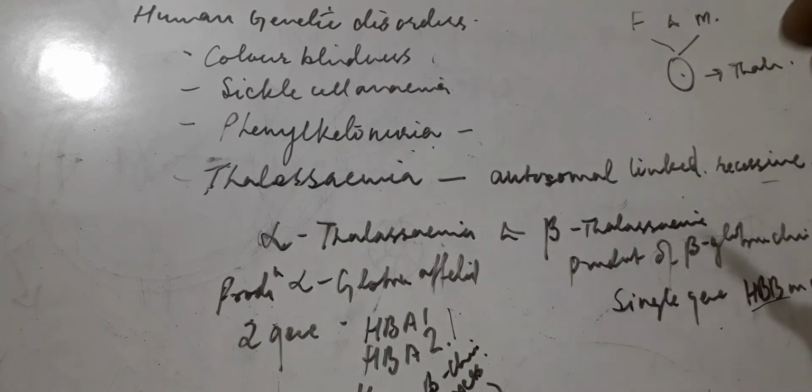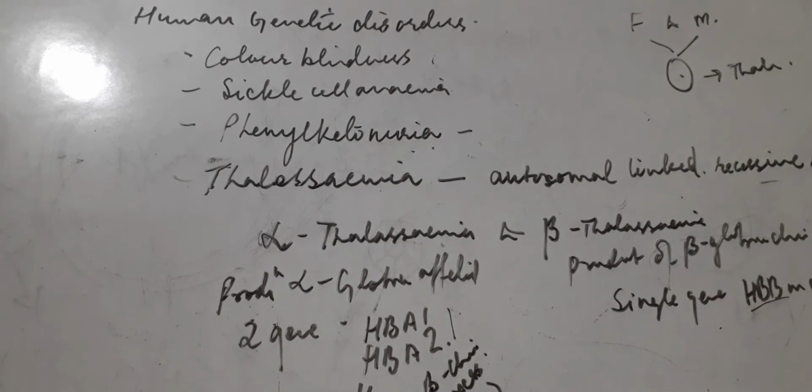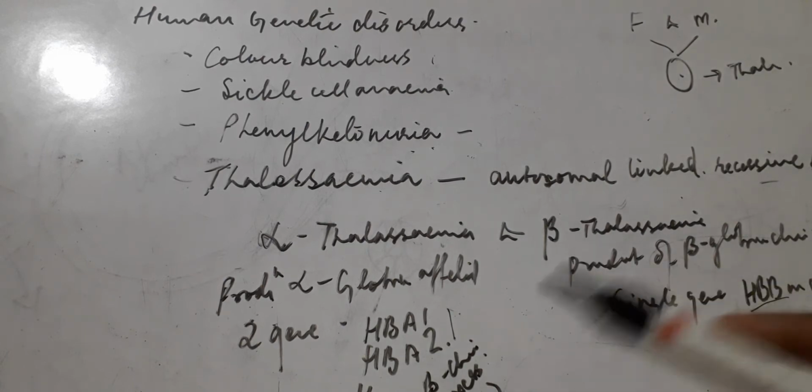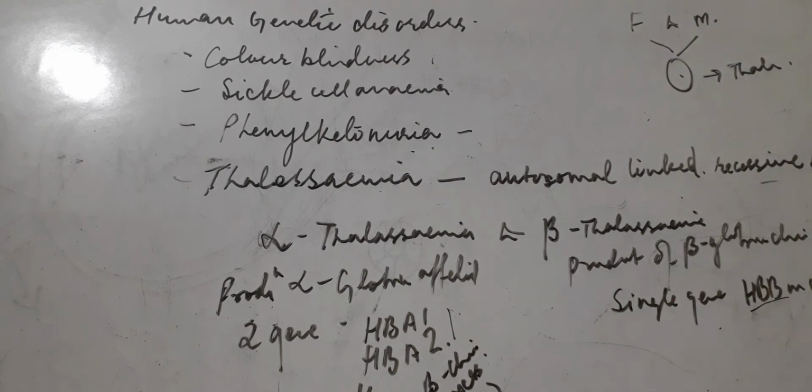When alpha globin is reduced, the excess beta chains increase in number and form unstable tetramers, known as hemoglobin H. Clear?